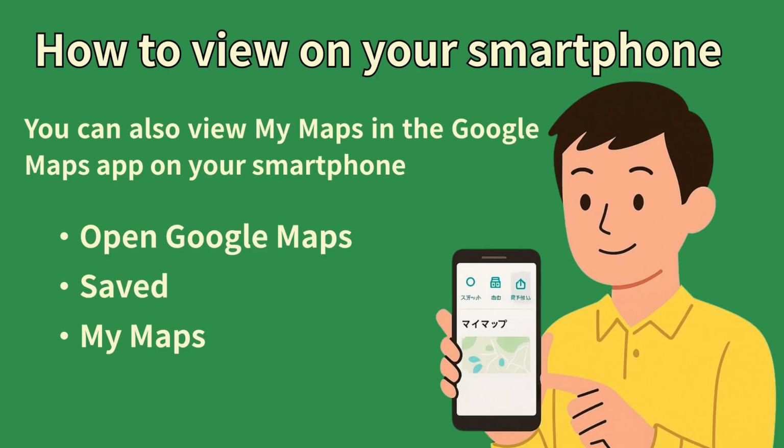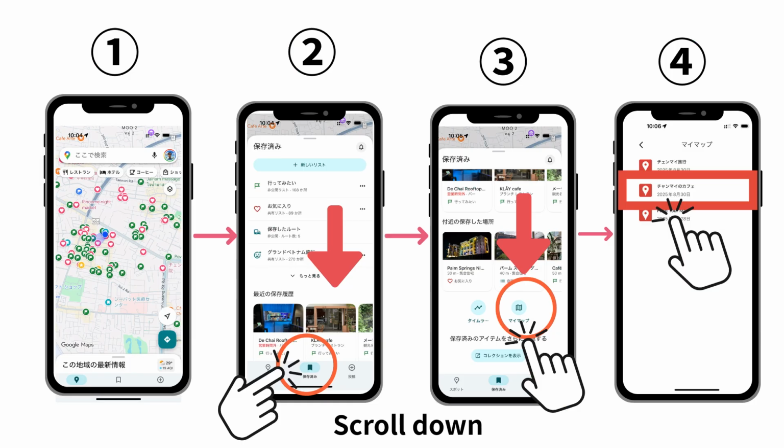You can also view the My Map you created on your smartphone. Open the Google Maps app and check it from your saved My Maps. Here are the steps to view your My Map on your smartphone. 1. Open the Google Maps app. 2. Tap Saved at the bottom of the screen. 3.